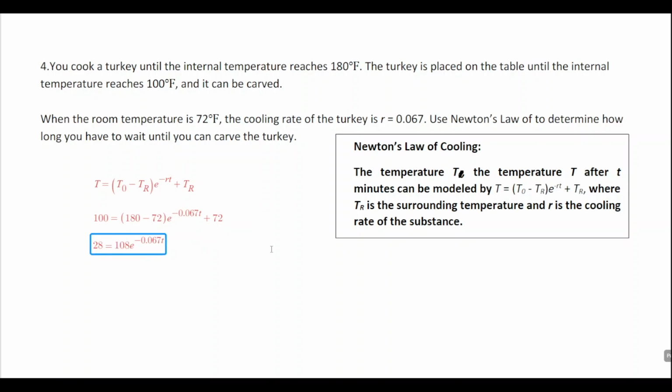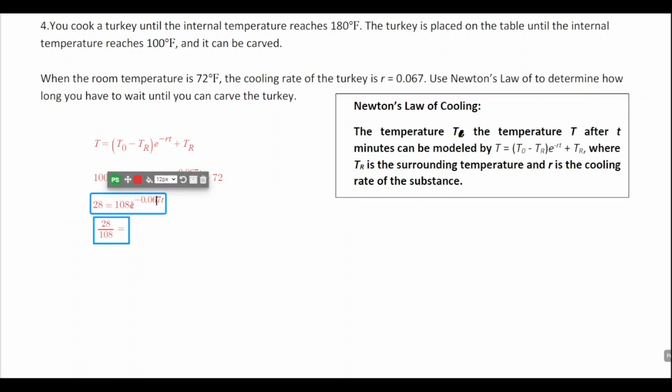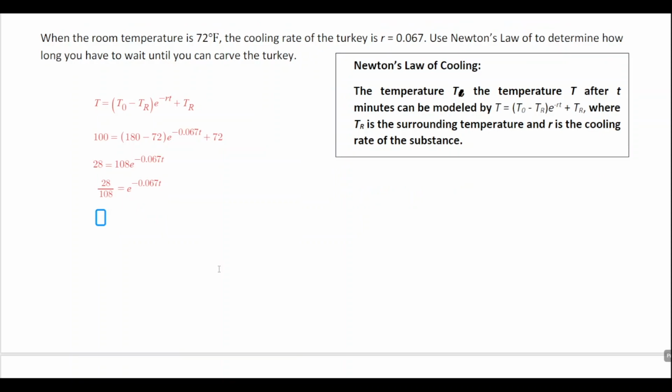Okay, and now I can divide both sides by 108, so I get 28 over 108 equals all this. Okay, and now I can use the inverse property to rewrite this as a logarithmic statement. So negative 0.067 times t equals the natural log of 28 over 108.